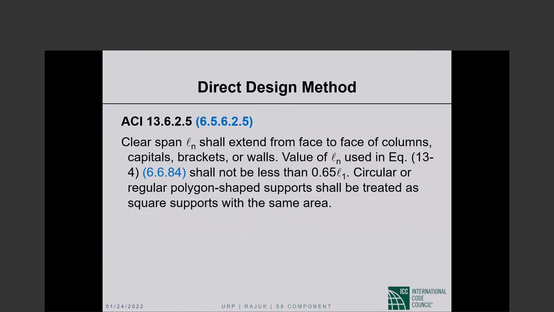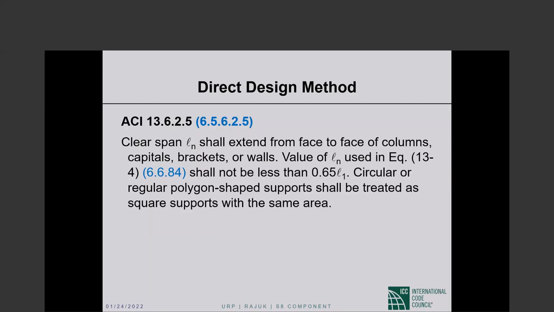Now, clear span L sub N shall extend from face to face of columns, capitals, brackets, or walls. Value of L sub N shall not be less than 65% of L sub 1. This is quite important. Circular or rectangular polygon shaped supports shall be treated as square supports with the same area.